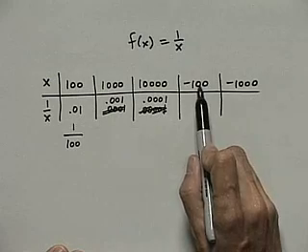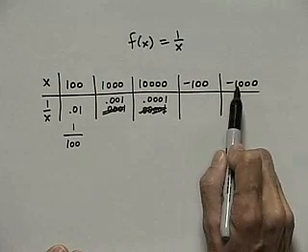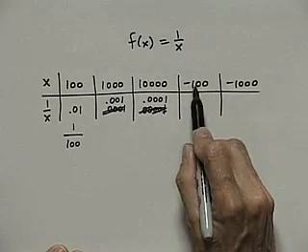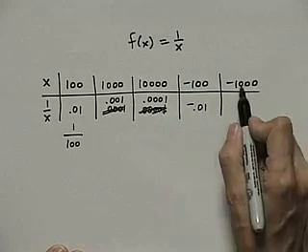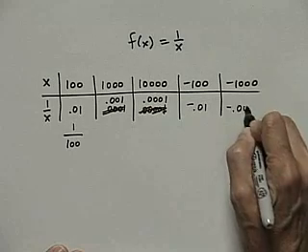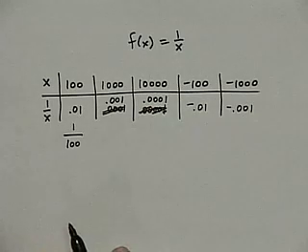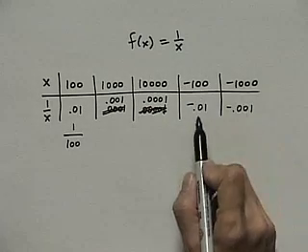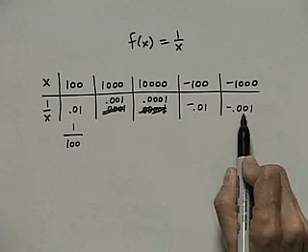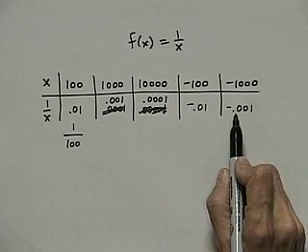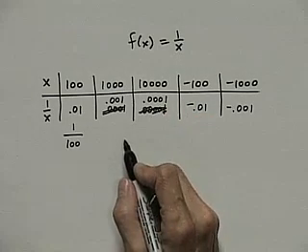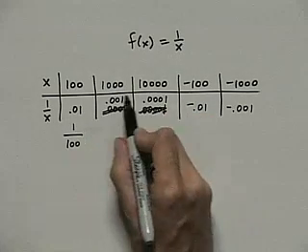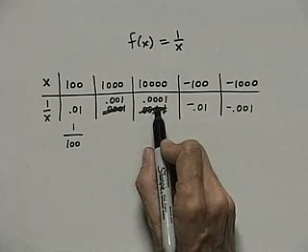Let's see what happens as x gets very small. First, putting in negative 100 for x, I get negative 0.01, then for negative 1,000, negative 0.001. As x gets very small, the function approaches 0. Summarizing, as x gets very large, the function approaches 0.